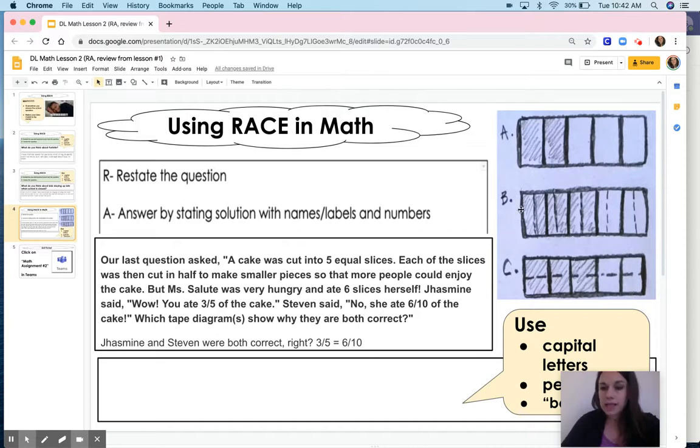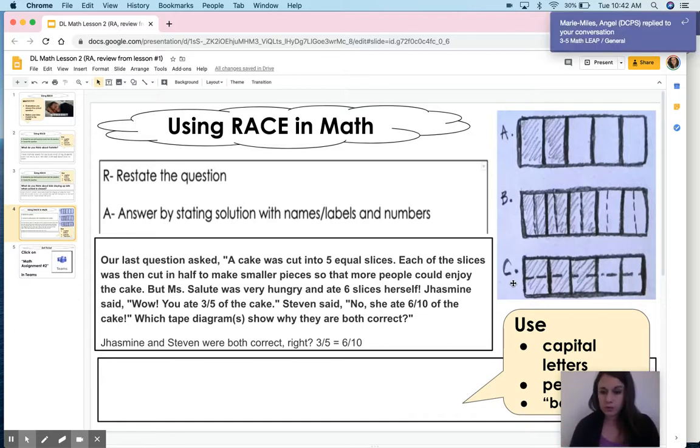So even though the slices are in different shapes, there's still 10 new slices there and 10 new slices there. C shows that 6 of them are shaded. 1, 2, 3, 4, 5, 6. So B and C were the right answer. But you have to write that B and C are tape diagrams that show the right answer.